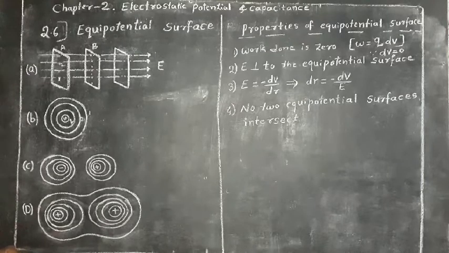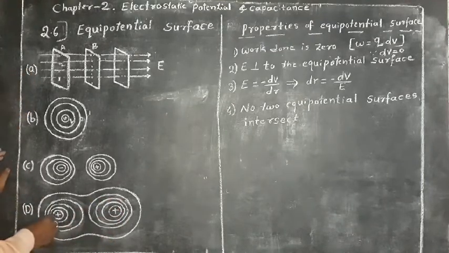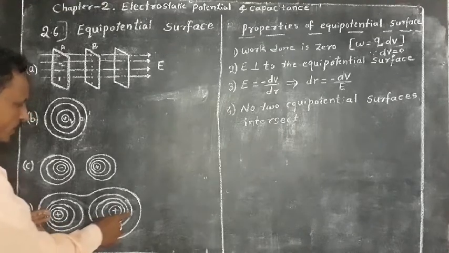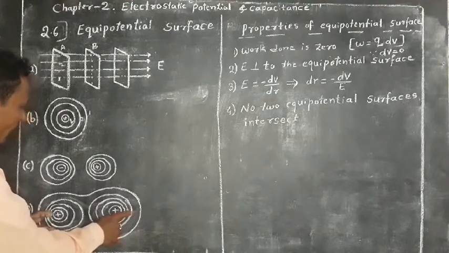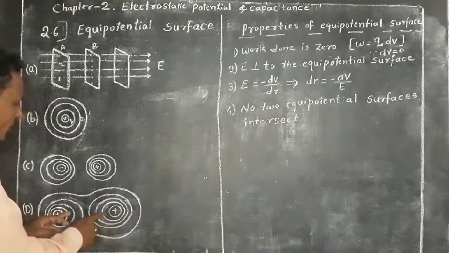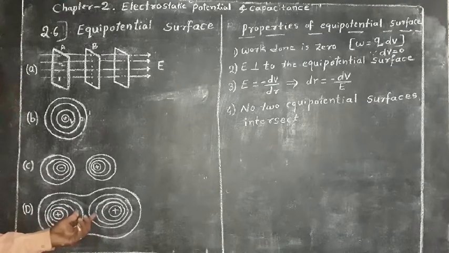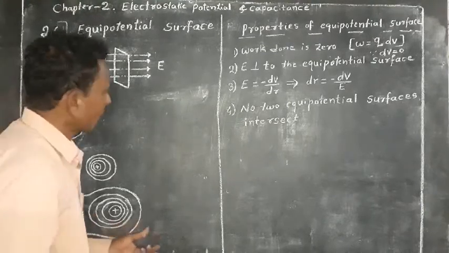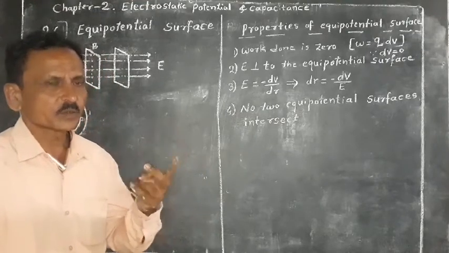Therefore, equipotential surfaces are closer at farther ends, or in the region of strong electric field, and they are well spaced in the region of weak electric field. And no two equipotential surfaces intersect.